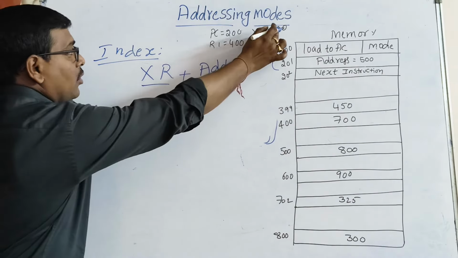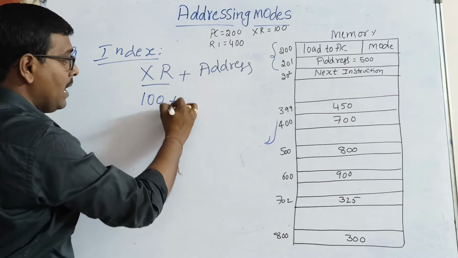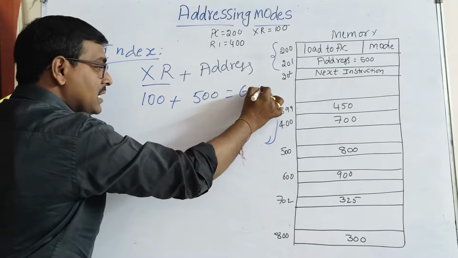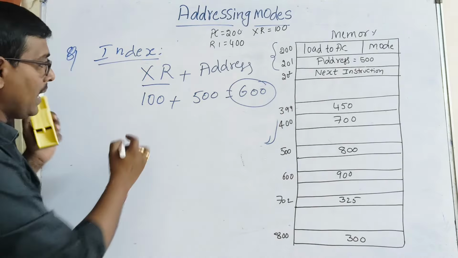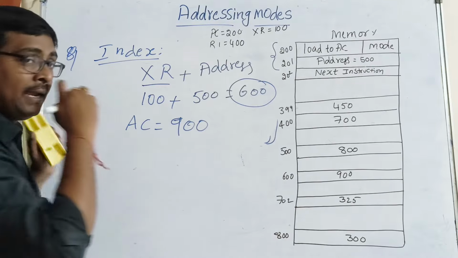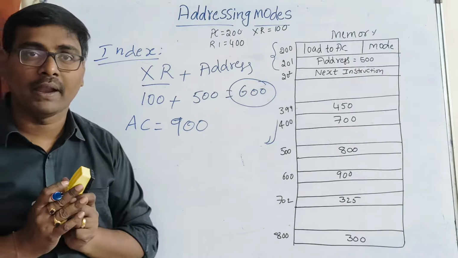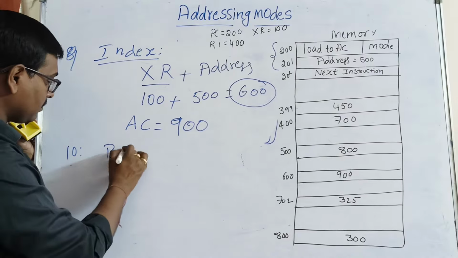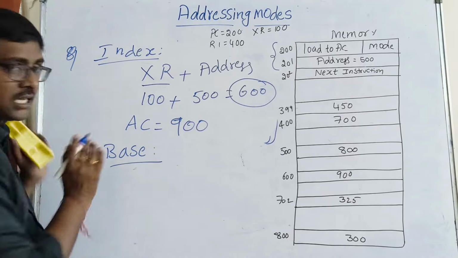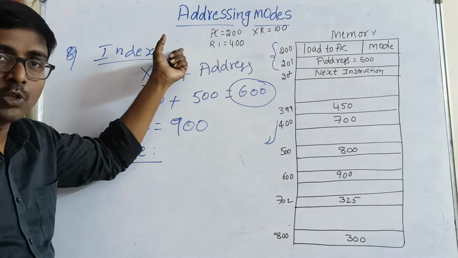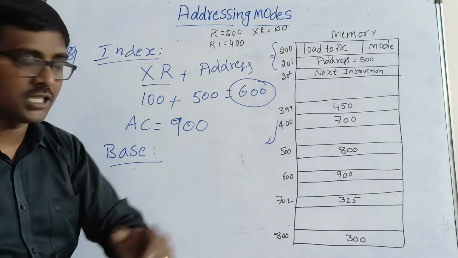So here, according to our example, 100 plus what is the address? 500. So at the 600 location, my operand is available. So 900 is my operand. Clear? And at last, base addressing mode. This base addressing mode is almost similar to index addressing mode.